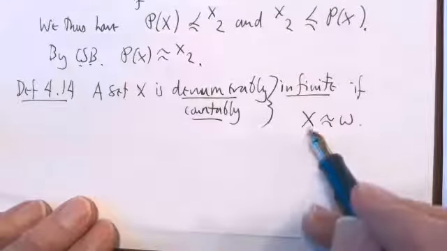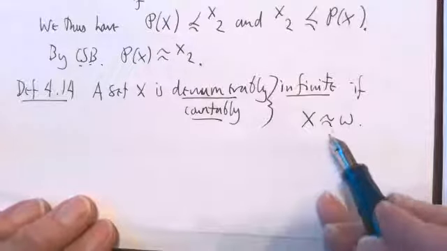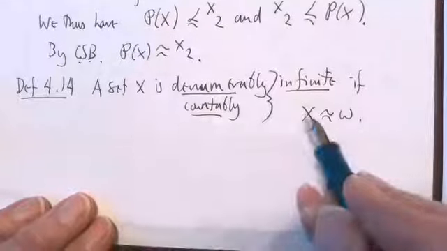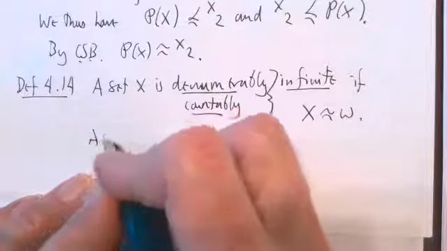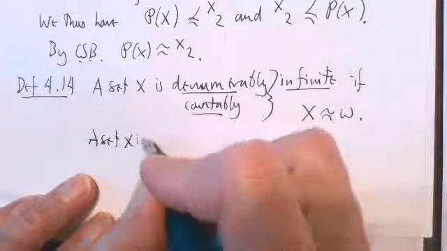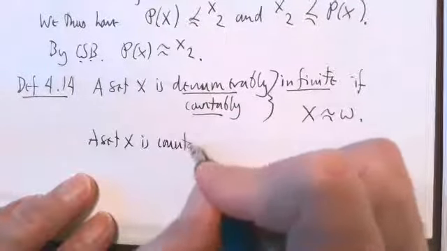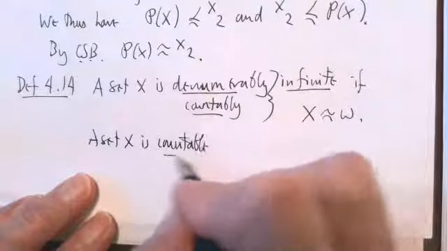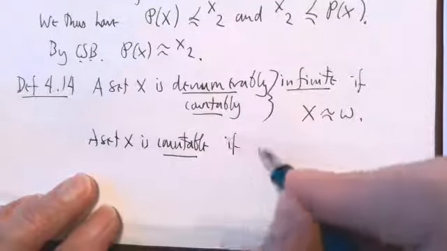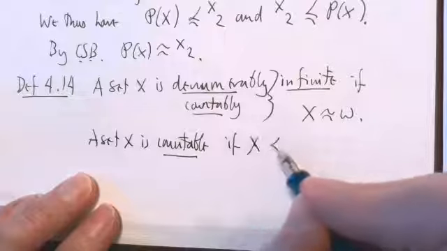Right, so a one-to-one correspondence there. A set is countable if there's a one-to-one map from X into omega.